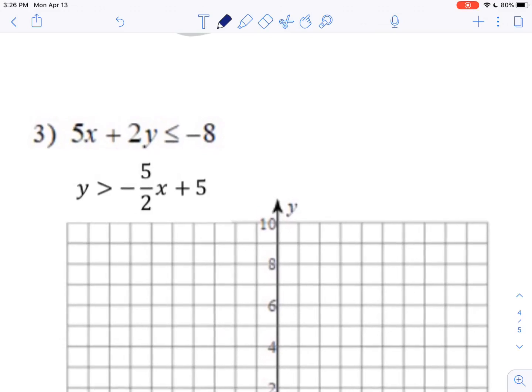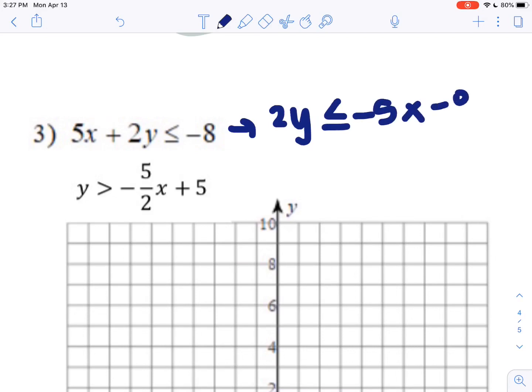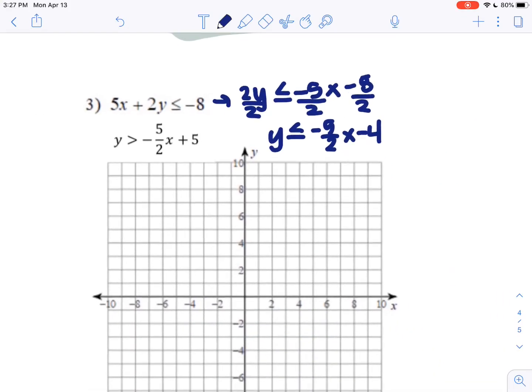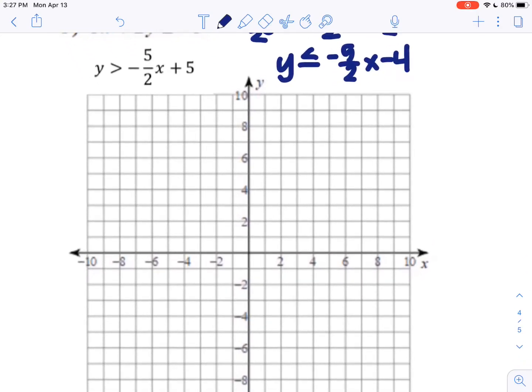Number 3, last one, I got to solve this for y first. So I get 2y less than or equal to negative 5x minus 8. Divide everything by 2. So y less than or equal to negative 5 halves x minus 4. Okay, so I'm going to graph these two lines. Again, they're going to be parallel. Let's see if they're actually going to have a solution. So I'm going to start at negative 4. So I'm graphing the one I just solved in blue.